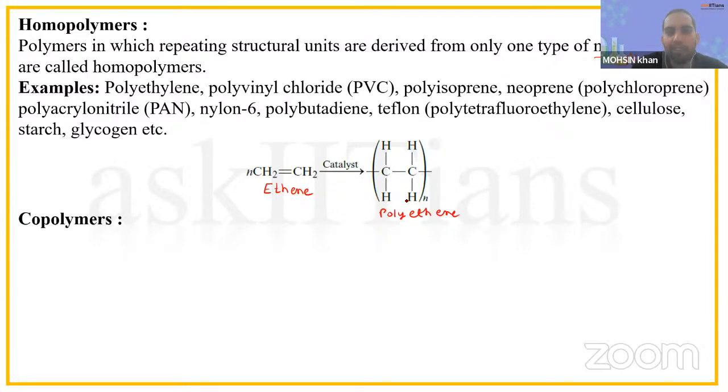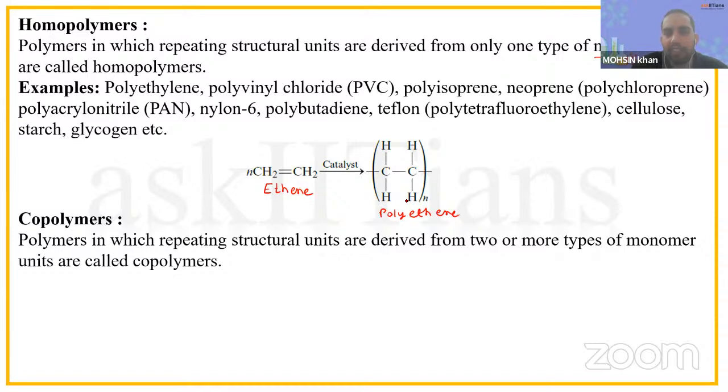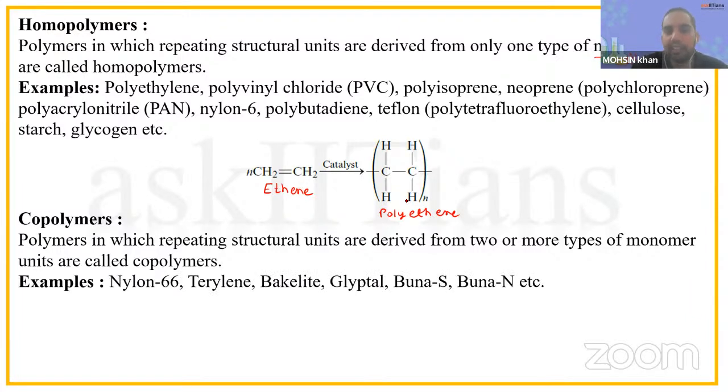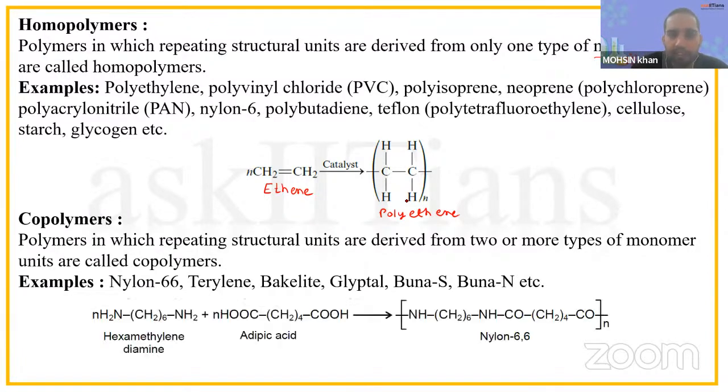Then we have copolymers. In copolymers, the repeating structure unit is derived from two or more types of monomer unit. That polymer is known as a copolymer if we have two different types of monomer. Examples are nylon 6,6, terylene, bakelite, glyptal, buna S, buna N. For example, nylon 6,6 is made by hexamethylene diamine and adipic acid.